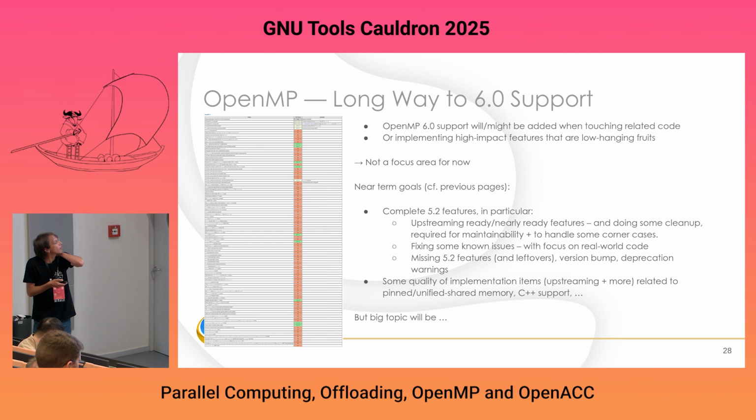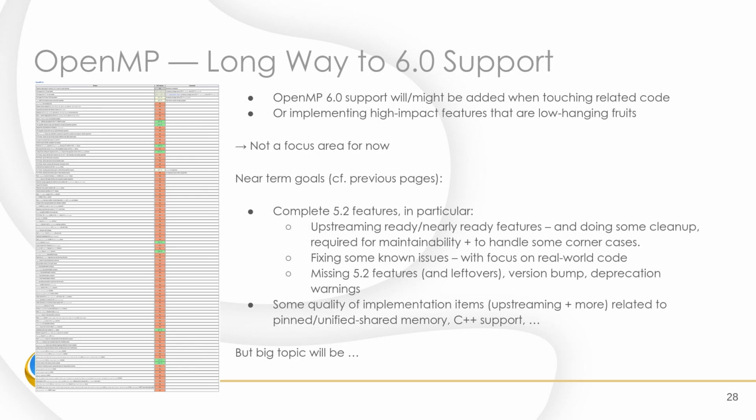For 6.0, there's a long list of things to do, although a couple have been done already. And as said, upstreaming, fixing a couple of known issues, and version things will be on the to-do list in the short term on our side, and I guess most important also from the user side.